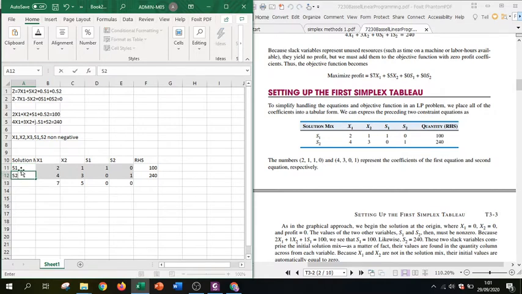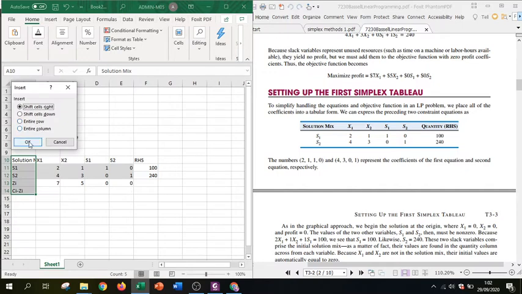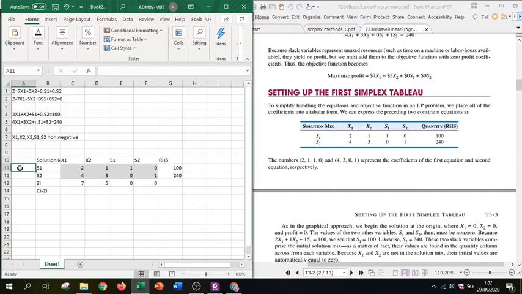We can add in S1 and S2 because of the identity matrix in these variables. And this is the coefficient, 0 and 0.